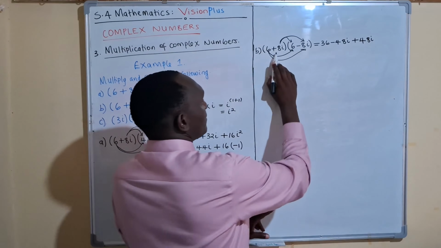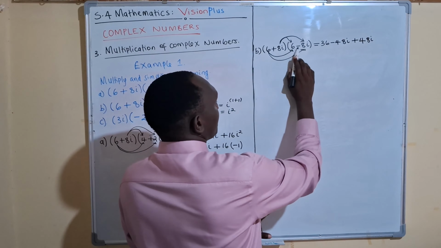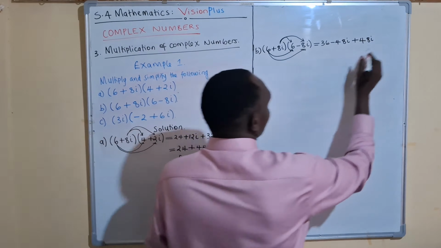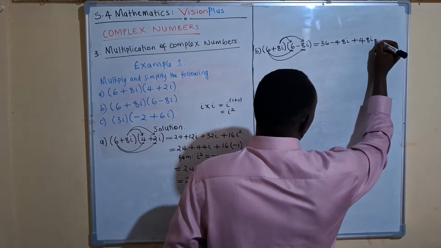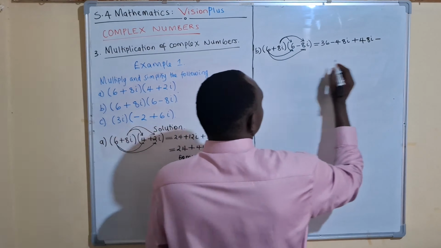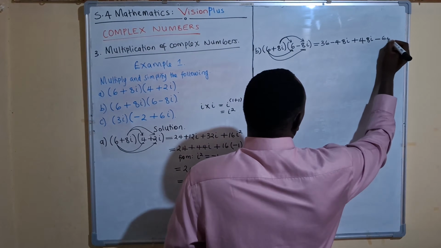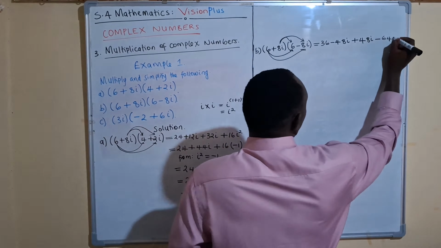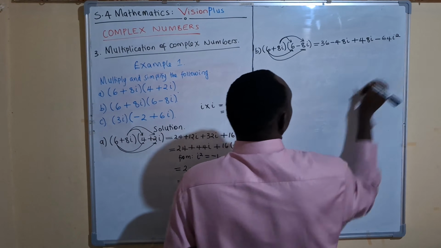So first of all, you're multiplying positive 8i times negative 8i. So positive times negative first gives us negative. What about 8 times 8? It gives us 64. And then i times i gives us i squared.